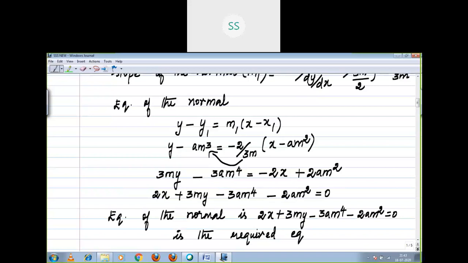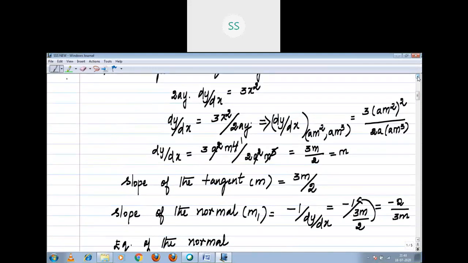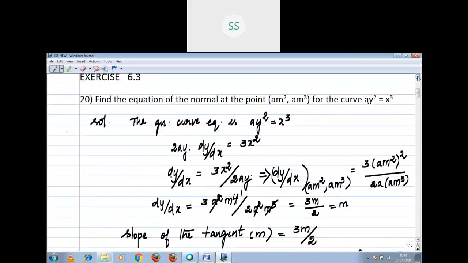Again, I'm going to teach you. You people should listen carefully. The curve equation is given as ay² = x³. You are differentiating with respect to x on both sides. You arrived at dy/dx = 3x² by 2ay. In the place of x, you substitute am², in the place of y, you substitute am³.